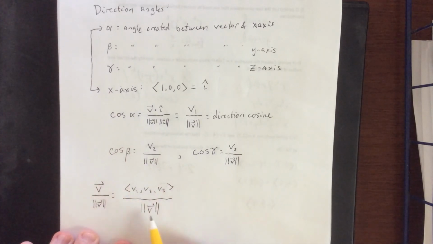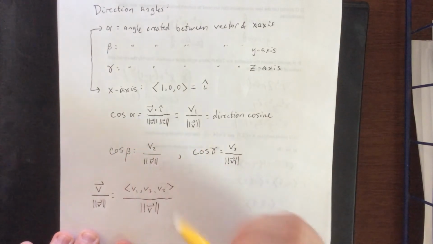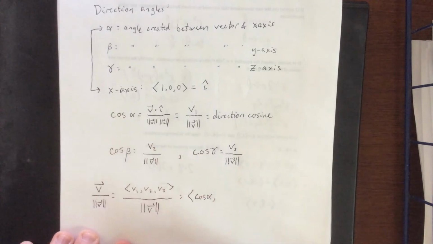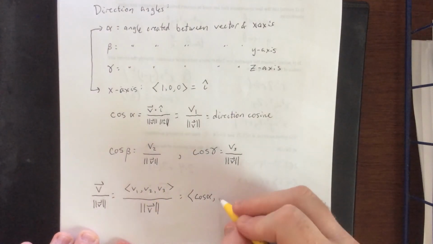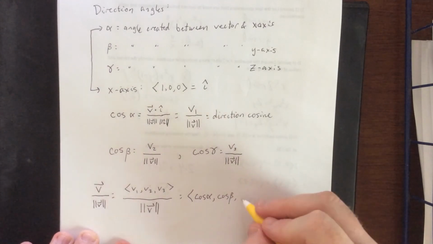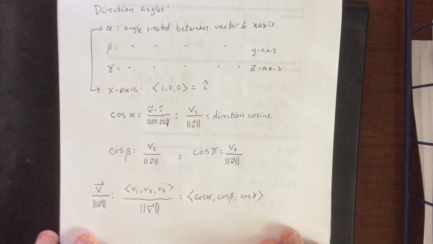Now when I take v1 divided by the magnitude of v, that just gives me the cosine of alpha. That's what we had up here. When I take v2 and divide by the magnitude of v, I would get the cosine of beta. Similarly for v3, we would get that the cosine of gamma will be our third component.